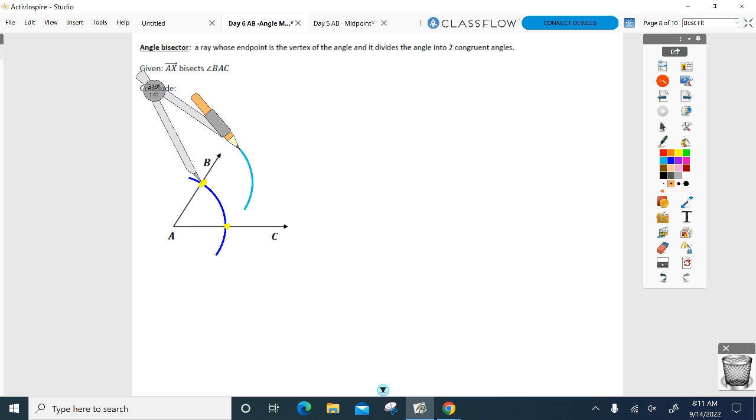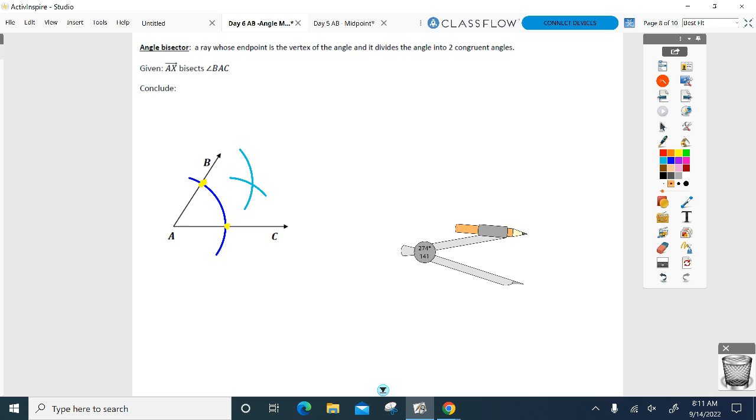Go to the other endpoint and make another arc so your last two intersect each other, the ones above. It almost looks like little fireworks going on. So I made the first arc mark, put my compass point on one of the points of intersection, made an arc. Put my compass on the other point of intersection, made another arc so they intersected.